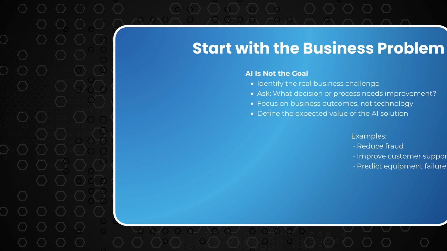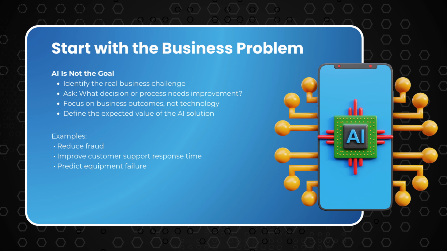Let's start with the most important principle in any AI project. AI is not the goal. The goal is solving a real business problem. Before building any model, we need to clearly identify the challenge the organization is facing. Ask yourself, what decision needs to improve, or what process needs to become more efficient?